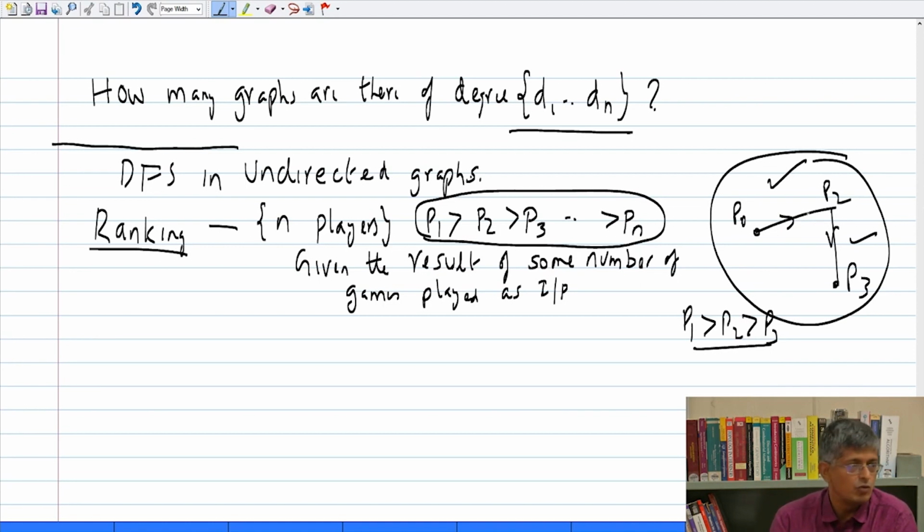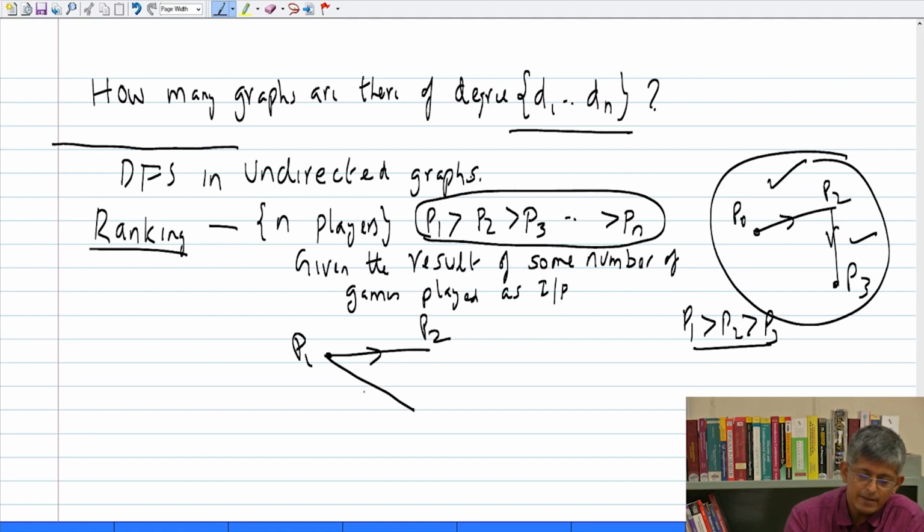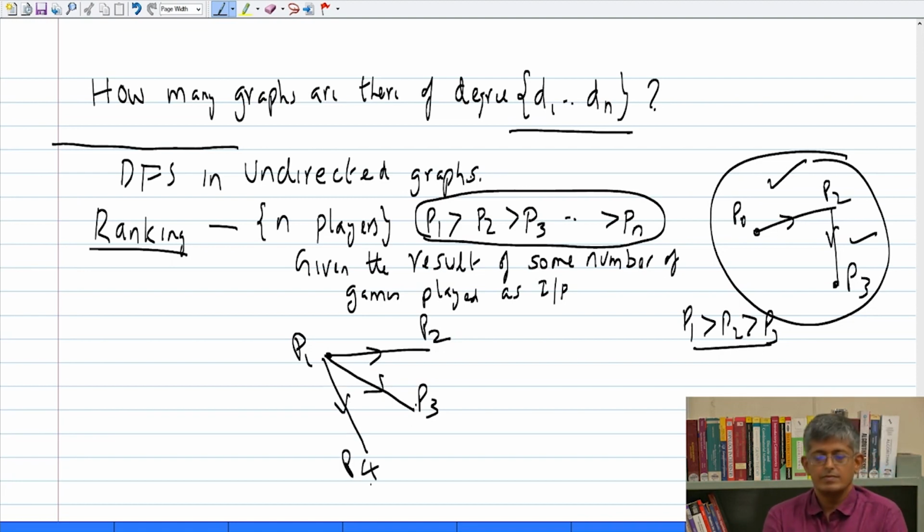Let us do this when there are 4 players. P1 plays P2, beats him. Then P1 plays P3, beats him. Then P1 plays P4 and beats him. Fine. Now do you know what the relationship between the 4 players is?